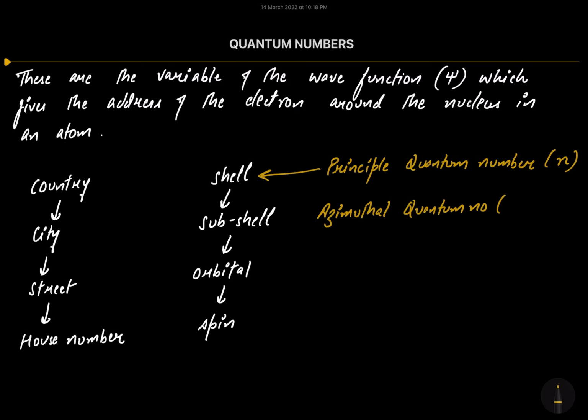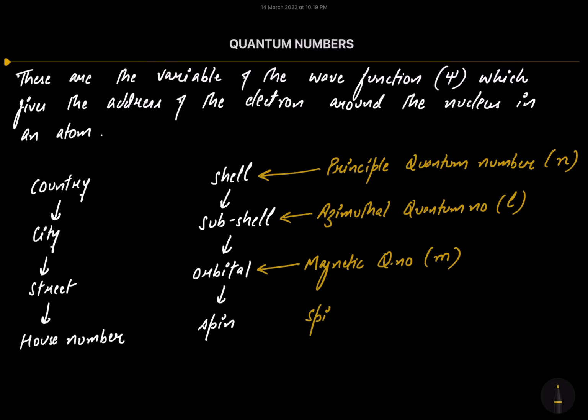Then the third variable is called the magnetic quantum number. It is designated by a small m, and it tells about the orbital. And then finally we have the spin quantum number. The spin quantum number is represented by a small s, and this tells about the spin of the electron.